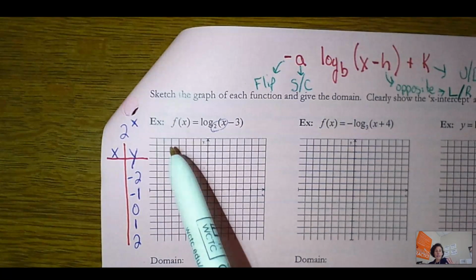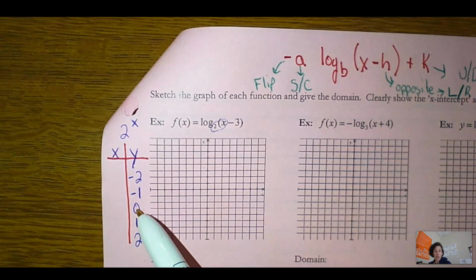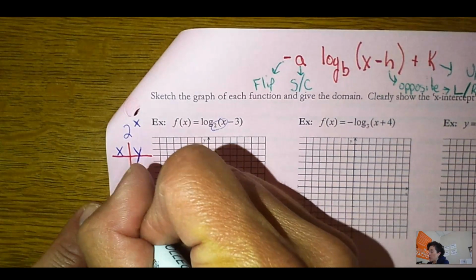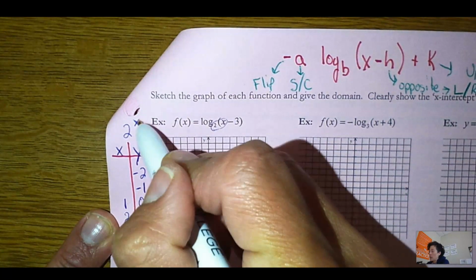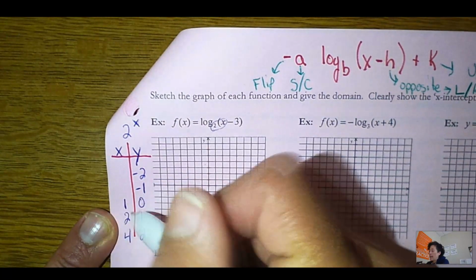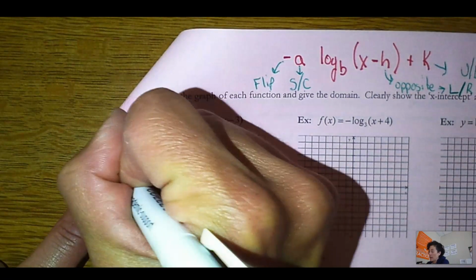But we're still going to look at these as an exponential problem. So 2 to the 0 power, anything to a 0 power is 1. 2 to the first power is 2. 2 to the second power is 4. And if you're multiplying by 2 this way, then you're dividing by 2 this way.